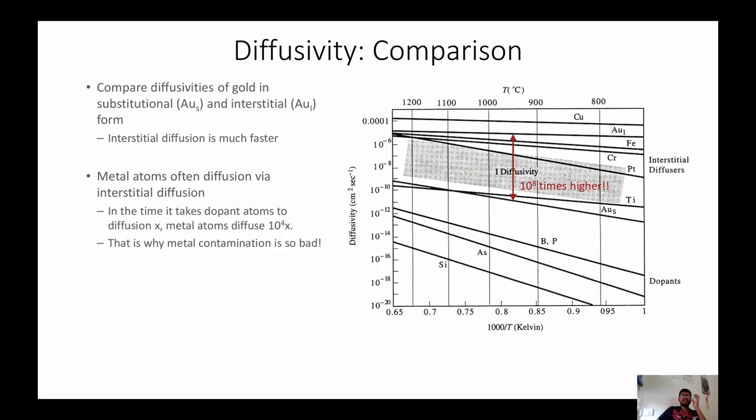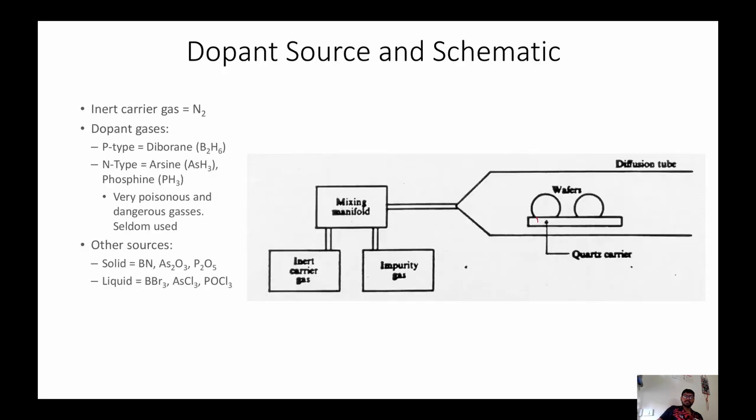So this is the diffusivity; interstitials diffuse faster than the dopants. So how does the diffusion happen?